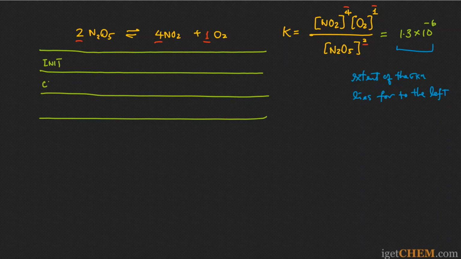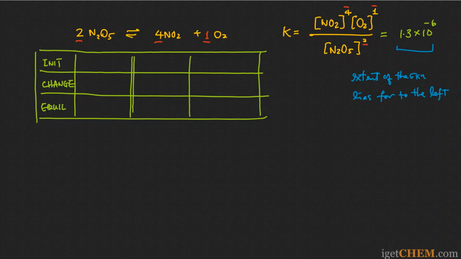The second line is C for change. And the third line is E for the equilibrium value. We're just going to draw a double line to separate the reactants from the products. And so that's our ICE table. The ICE table helps us organize our numbers in a more visual way.